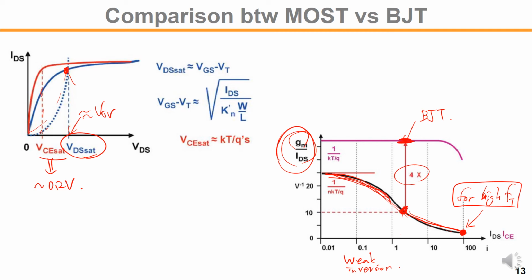So very important. For the MOSFET, it's critical. How you bias your MOSFET device actually determines your device characteristics. Biasing is critical for MOSFET.